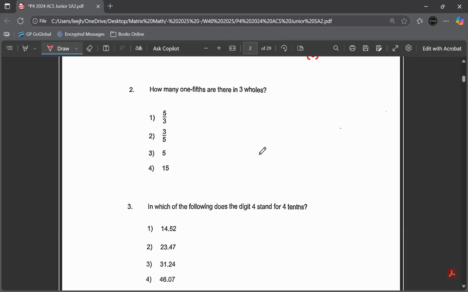How many 1/5s are there in 3 wholes? So what does it mean? Okay, we start with 1 whole first. 1 whole, how many fifths means I'm going to cut this into 5 parts. So you can actually see that this is 1 whole. So 1 whole, you actually get how many fifths? 1, 2, 3, 4, 5. 5 fifths.